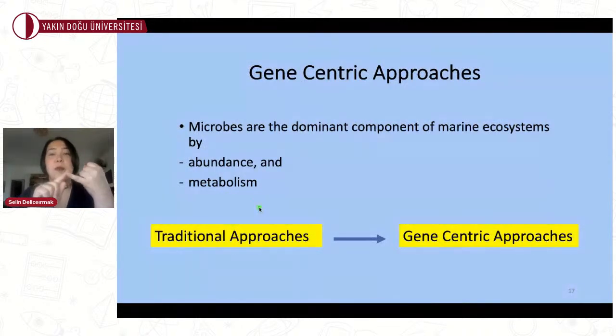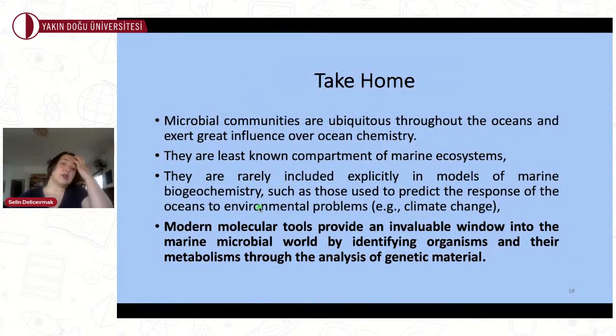So the abundance of a specific gene, or the abundance of the organisms that carry these genes. Basically, this gene-centric approach refers to using genetic data as an input in your model to predict what's going on in the ecosystem.